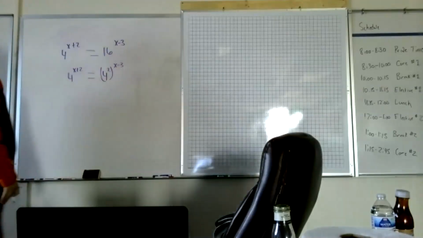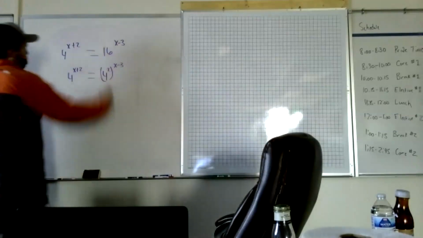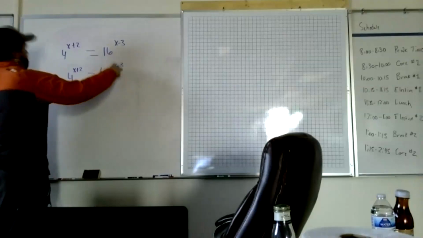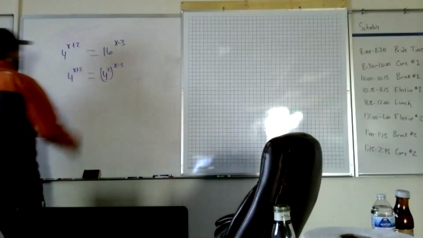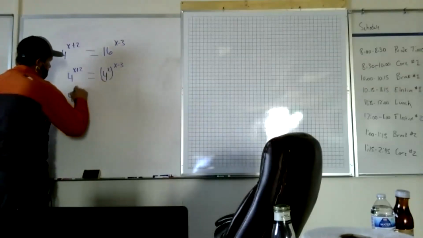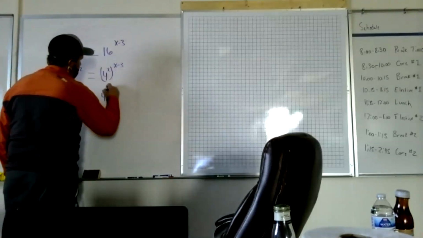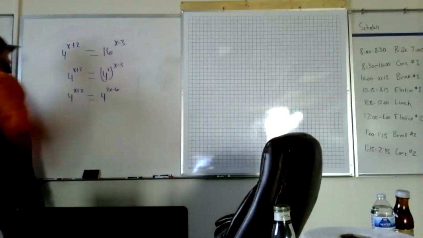And then, if you remember, there's a power to a power rule, which says if we have a base that's already raised to an exponent and then raised to another exponent, these two exponents are multiplied together. So after I multiply these, I'm left with 4 to the x plus 2, which is equivalent to 4 to the 2x minus 6.